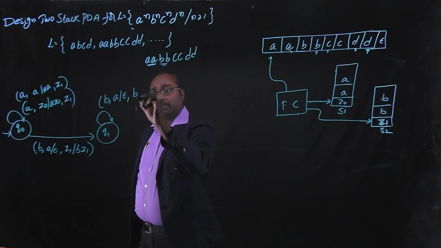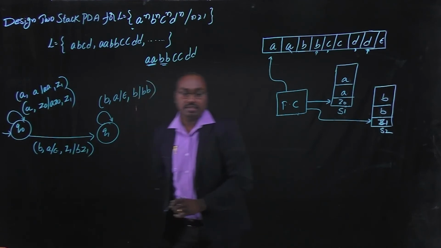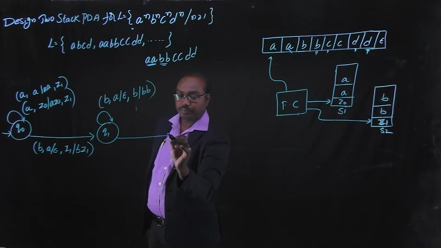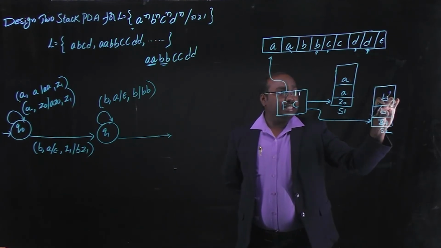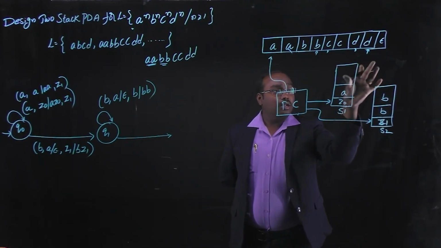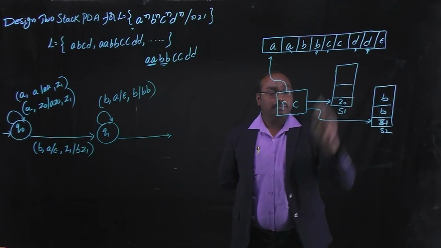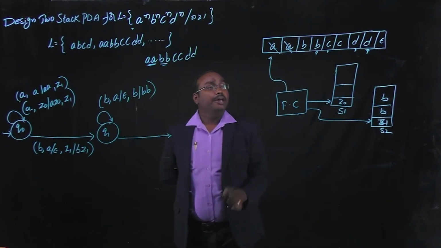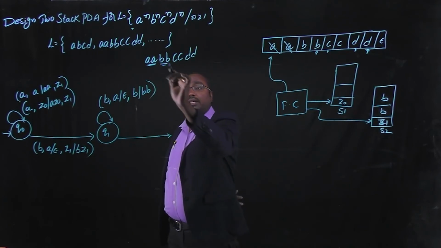So now the top element is B, and again B is pushed onto the stack. So 2 B's are inserted and correspondingly all the A's should be removed from stack 1.